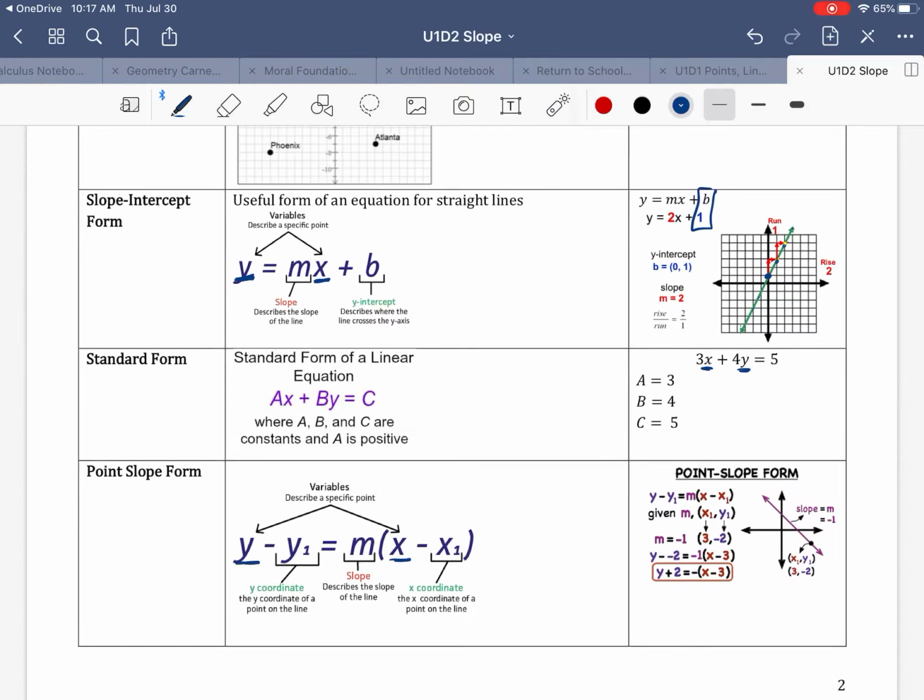And these are talking about a specific given point. So if you know what a given point is, then you can plug in those x1, y1 values. And then again here, the m is your slope, which is the same as the slope in our slope-intercept form. Now this is a really useful form if you have a coordinate point and the slope. It's easy to plug those values in, and hopefully in the examples coming up, you'll be able to see how we use these different forms.